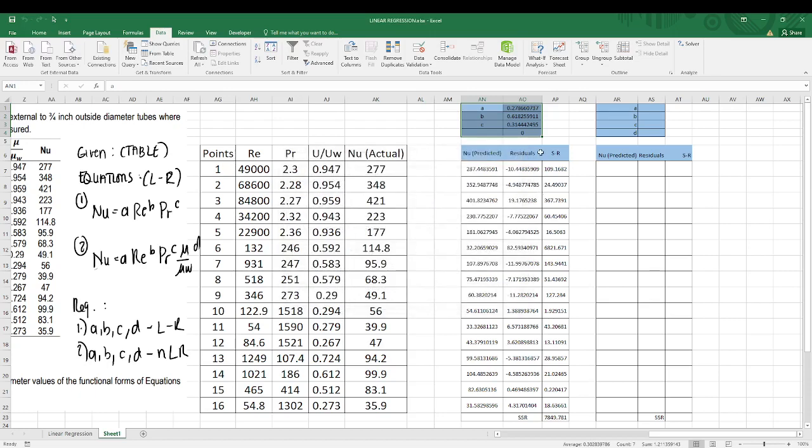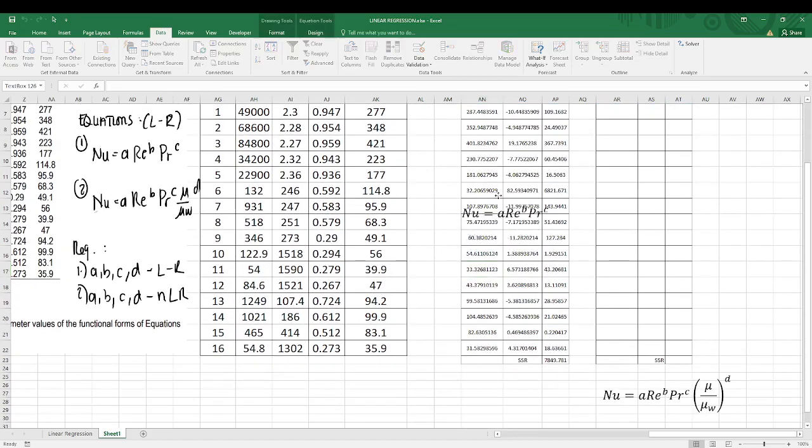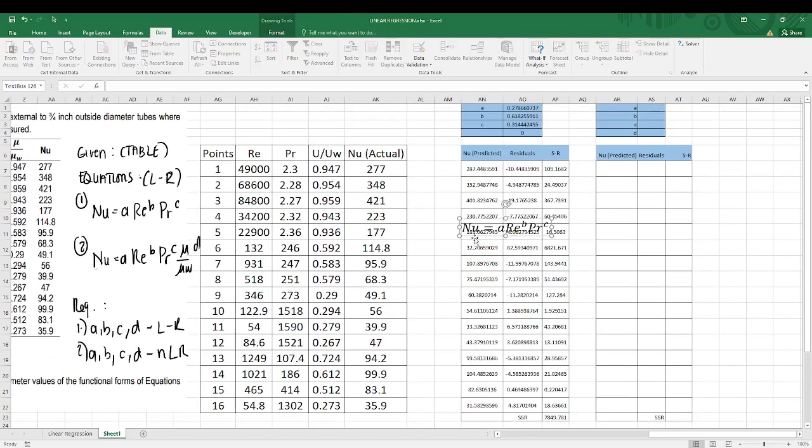So you have here the values now for your A, B, and C. Look at it: from the actual and the predicted, you have much closer values for every value of the Reynolds and the Prandtl. And you could rewrite this one, you could have your equation out from the first solution.